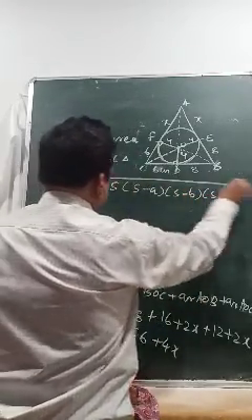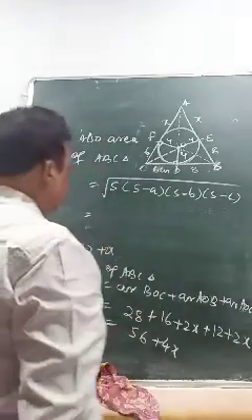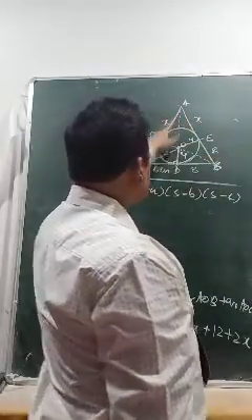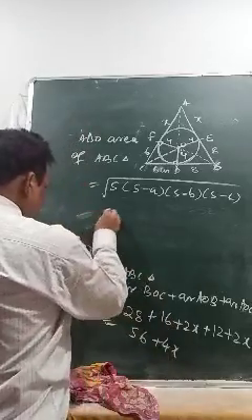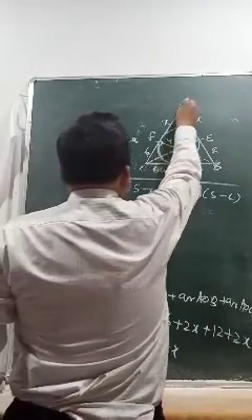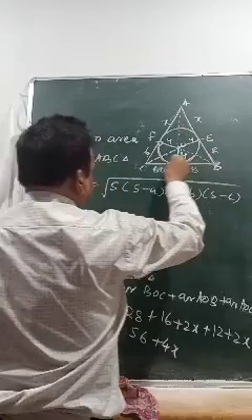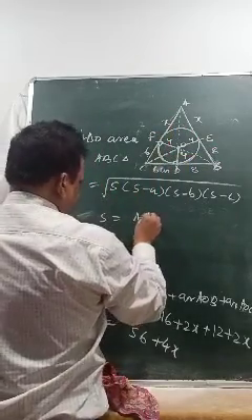What is S? S is the sum of the three sides, AB plus BC plus AC by 2.